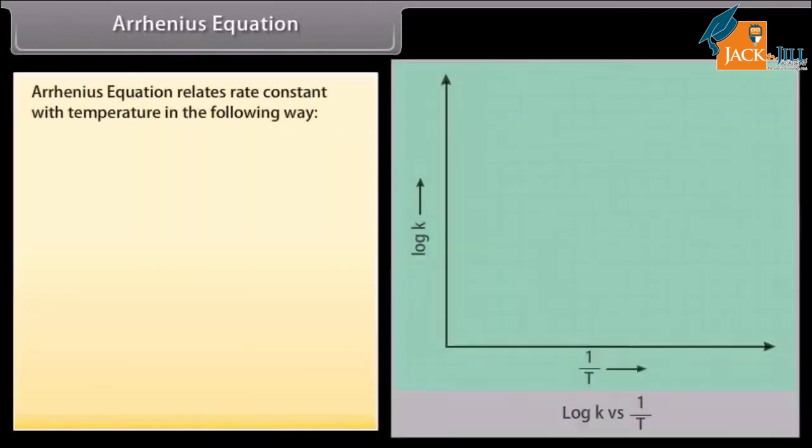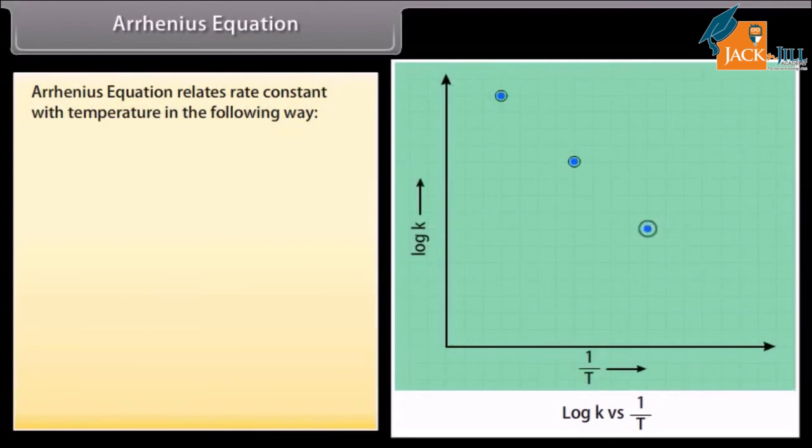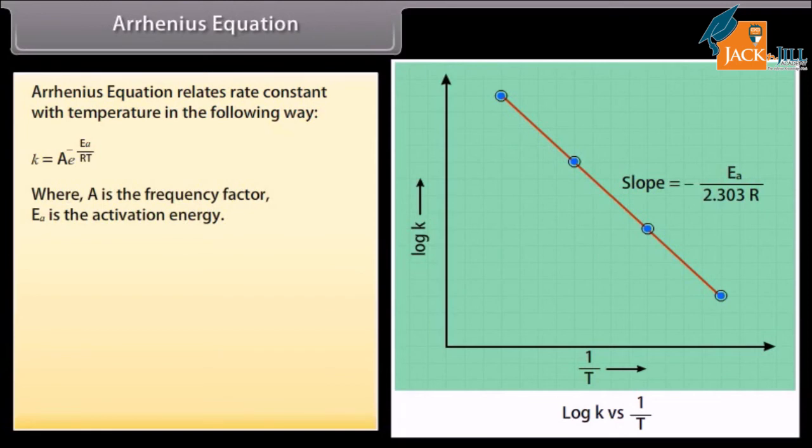Arrhenius equation. Arrhenius equation relates rate constant with temperature as K is equal to the product of A and e raised to the power minus EA upon RT, where A is the frequency factor and EA is the activation energy.